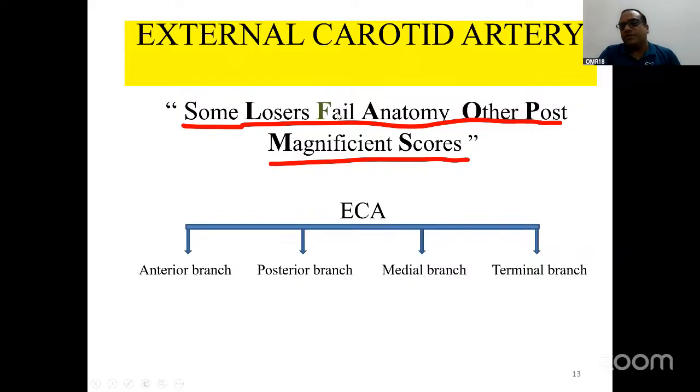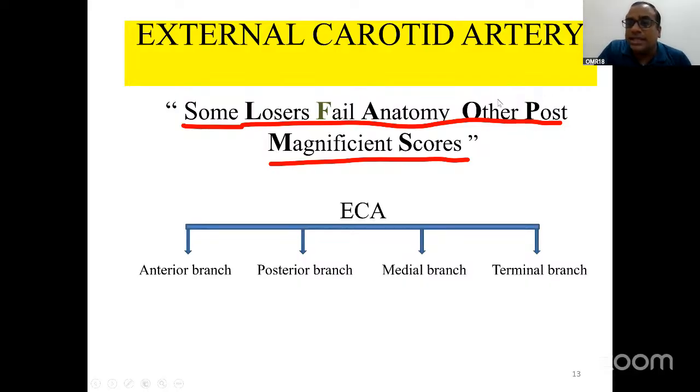Last 2, magnificent scores, these 2 words. In a train, the last is the guard or luggage, so that is the terminal part. So magnificent scores is the terminal part of the external carotid artery.